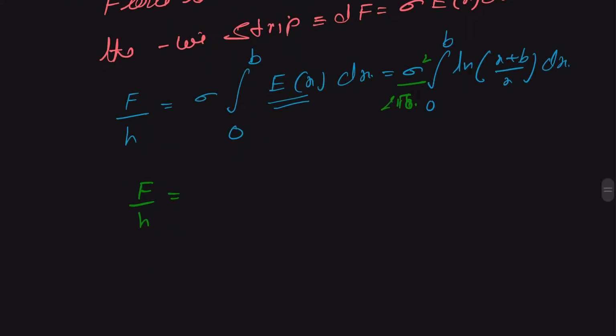So we get this as our sigma square upon 2 pi epsilon naught, and this comes as b natural log of 2.